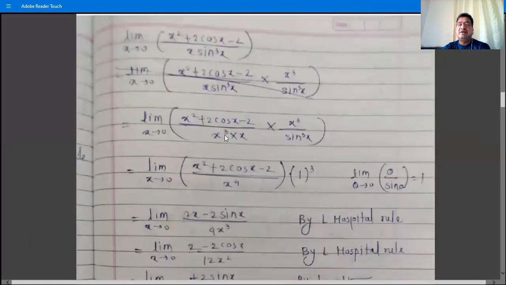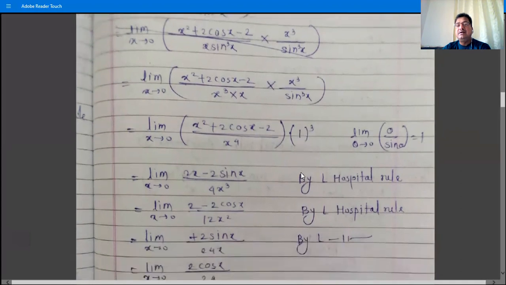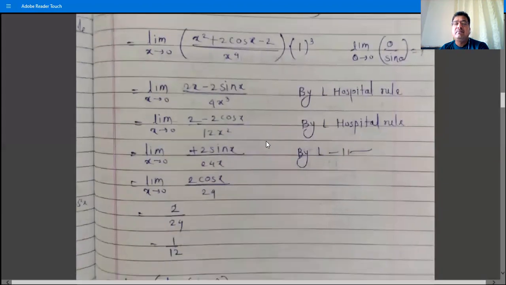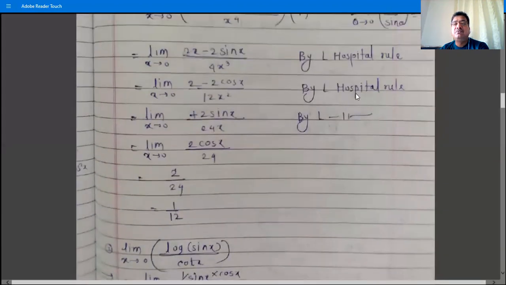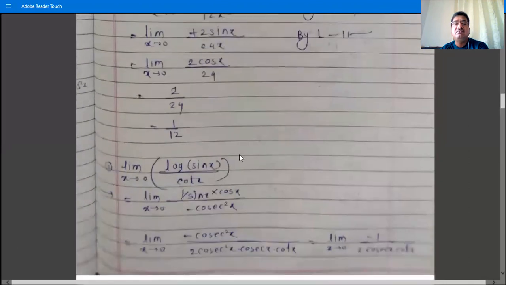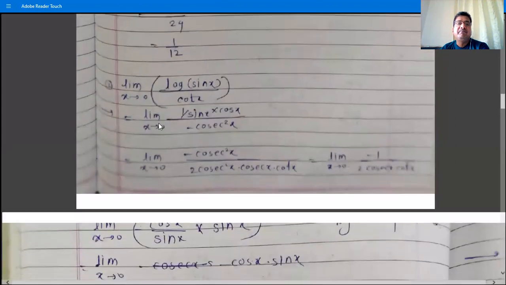Some adjustment is there. So multiply by x cube and divide. So this sine cube x becomes 1 cube, the limit 1 cube, and therefore 1. So don't use directly L'Hospital rule. Cancel this function sine cube x by using this rule, and then apply L'Hospital rule. So totally we have to apply L'Hospital rule 4 times, and then we have this answer 1 by 12.